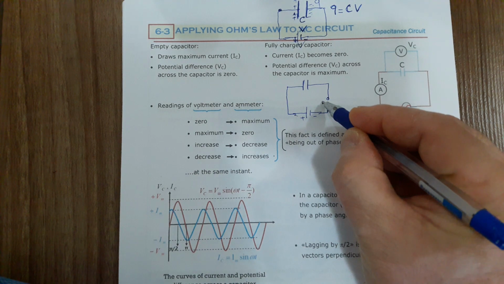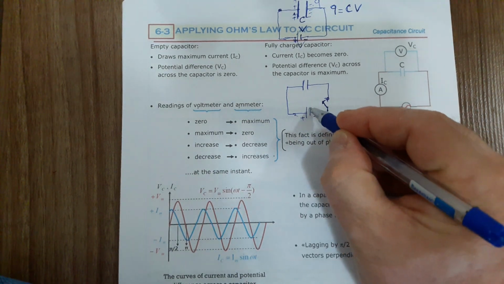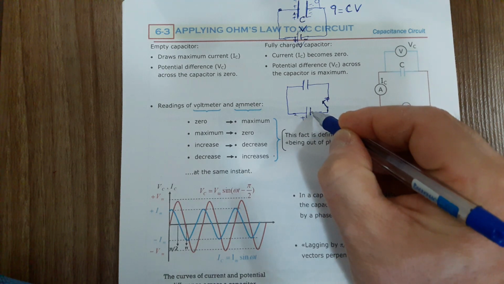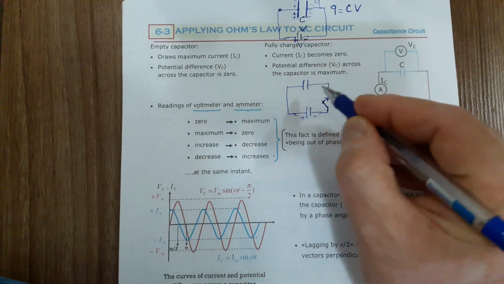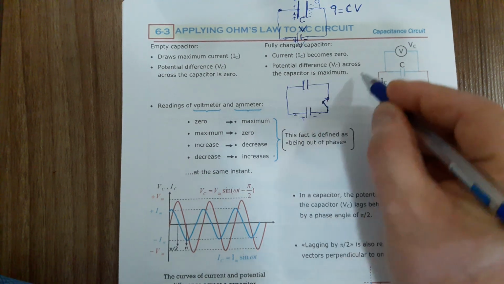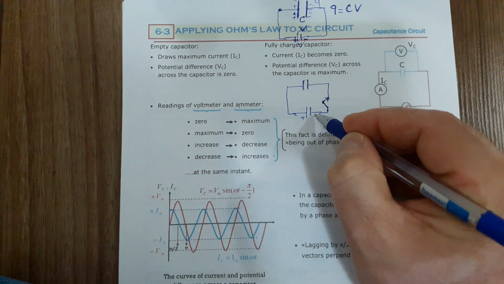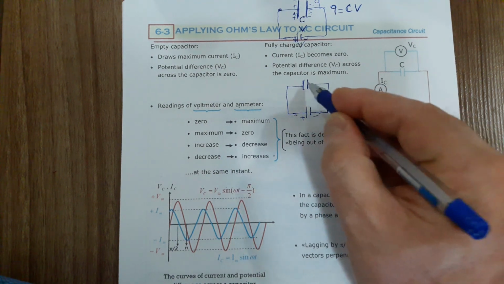But as soon as you close the switch, electric charge starts moving from the battery to the plates. Because initially the capacitor is completely empty, the maximum number of electric charges will start moving from the battery to the capacitor.